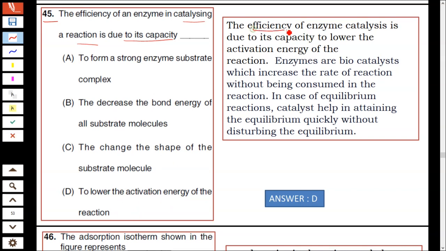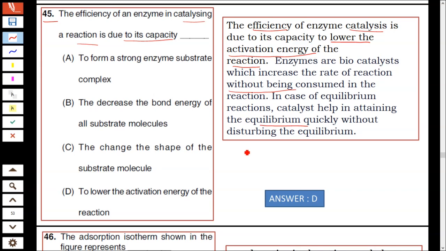The efficiency of enzyme catalysis is due to its capacity to lower the activation energy of the reaction. Enzymes are biocatalysts which increase the rate of the reaction without being consumed in the reaction. In case of an equilibrium reaction, catalysts help in attaining equilibrium quickly without disturbing the equilibrium.